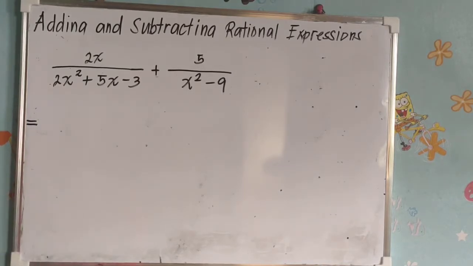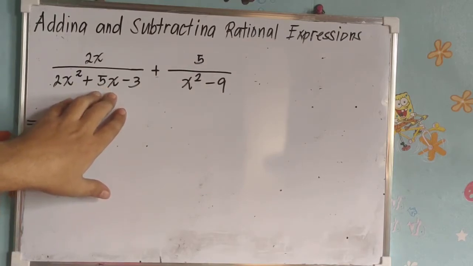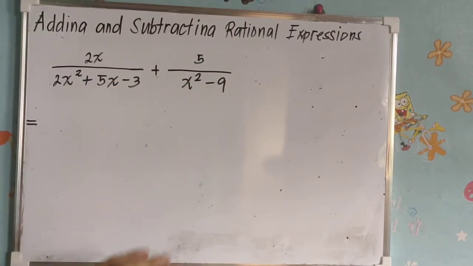Okay, so first and foremost, factor out the denominators as completely as possible.